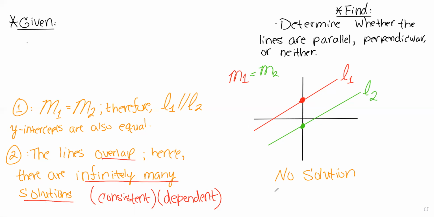And this is called independent because in this case, the lines aren't the same. They don't overlap. They're different geometric objects. So this is called independent. They're different lines. And it's called inconsistent. Inconsistent means there's no solution. There's no point of intersection of the lines.